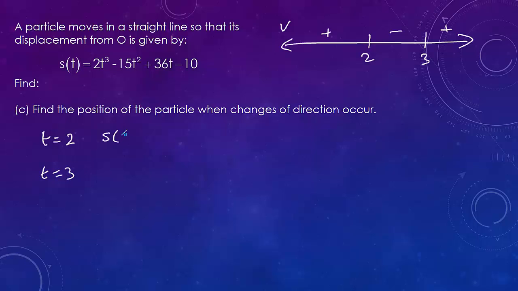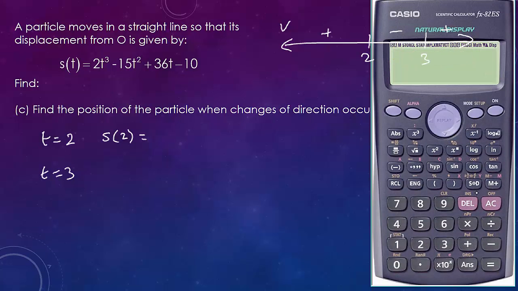So we want s of 2, which is just a case of substituting 2 into this expression. So we've got 2 multiplied by 2 cubed, take away 15 multiplied by 2 squared, plus 36 multiplied by 2, take away 10, not 110.